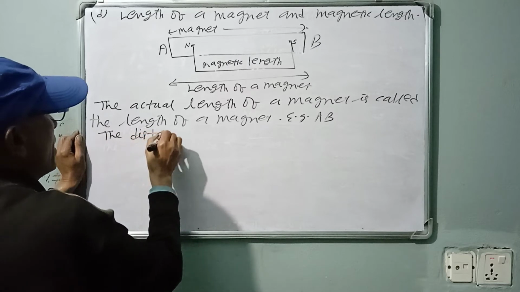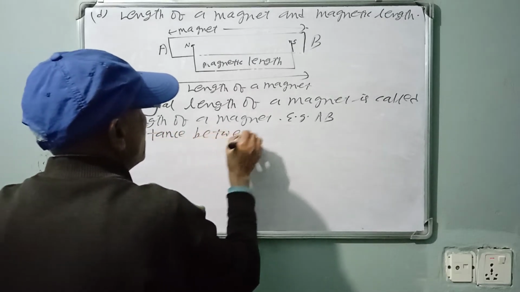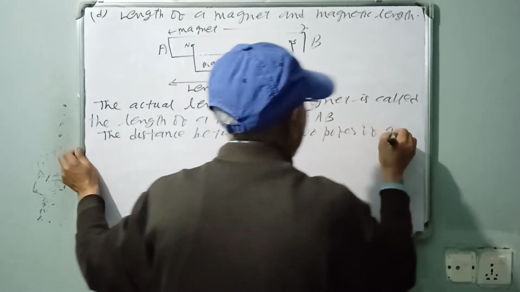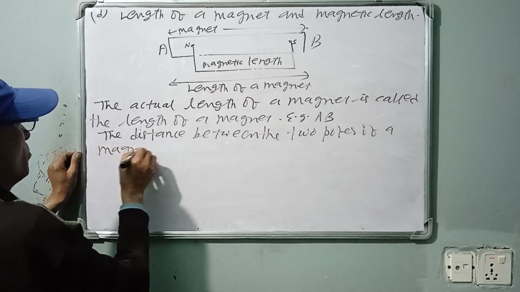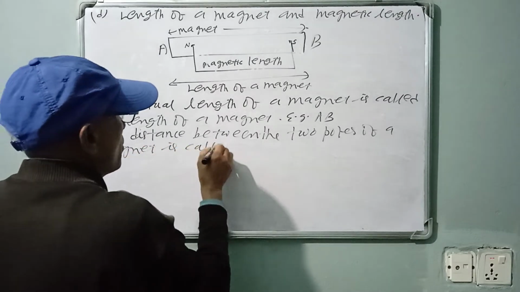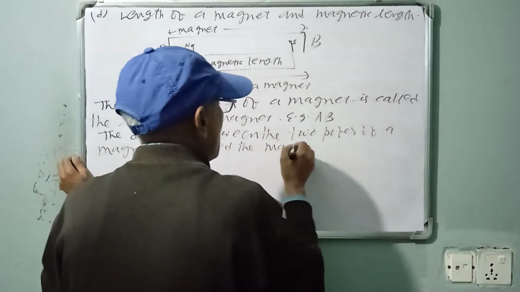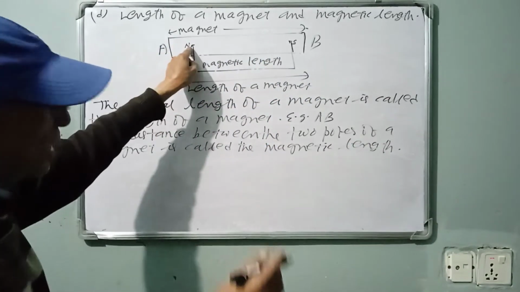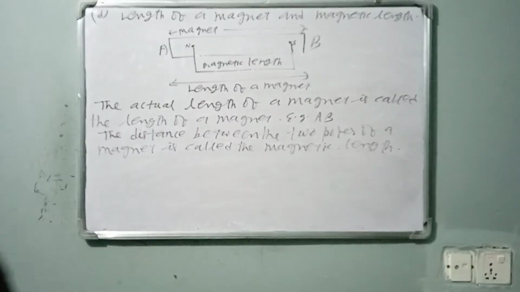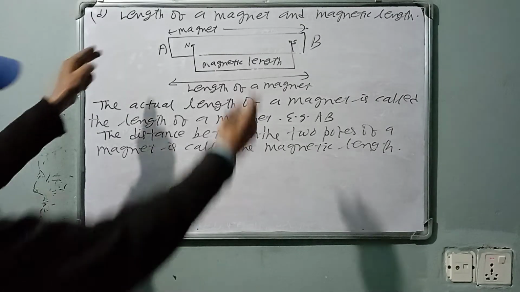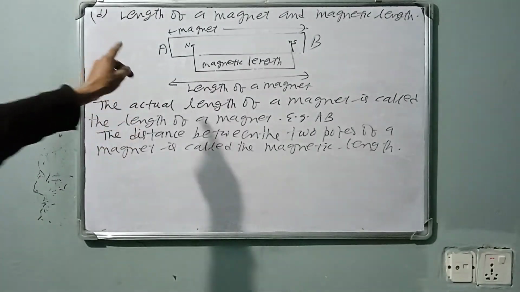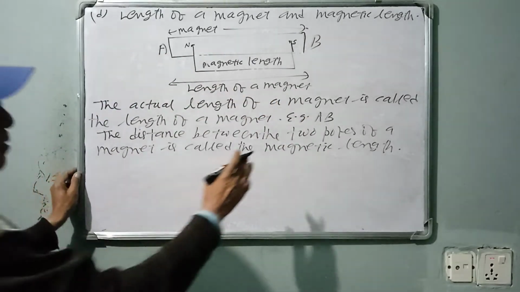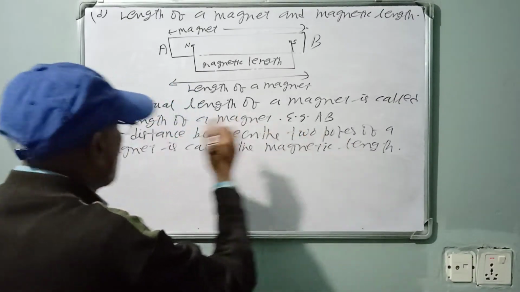The distance between the two poles of a magnet is called the magnetic length. The magnetic length is the distance between the north pole and the south pole of a bar magnet, whereas the length of a magnet is a little bit longer. The magnetic length is shorter than the length of a magnet.